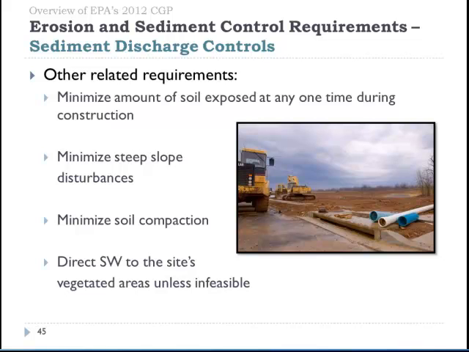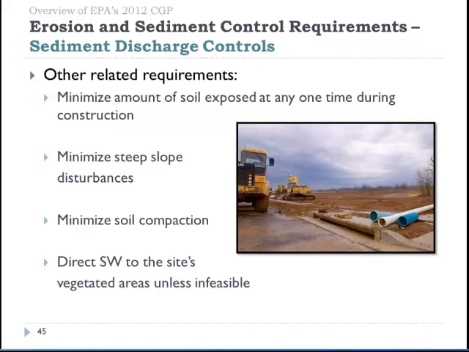There's also requirements to minimize steep slope disturbances and soil compaction, and these are similarly general requirements. So where there are steep slopes on the site, the requirement is to minimize but not eliminate disturbances. So it's left to the professional judgment of the operator how to minimize those disturbances.